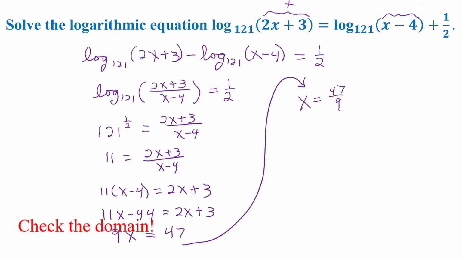Oh, let's see. Would that be positive or negative? So 47 over 9 would be bigger than 36 over 9. So 36 over 9 would be 4. Yeah, so if it's bigger than 4, we're good. So x equals 47 ninths is a solution here. And I'll put a little plus sign up there.